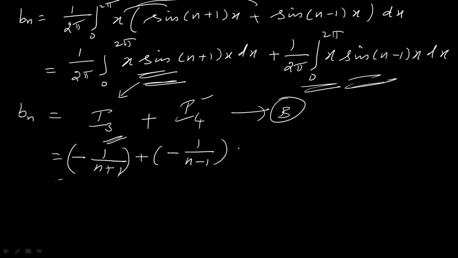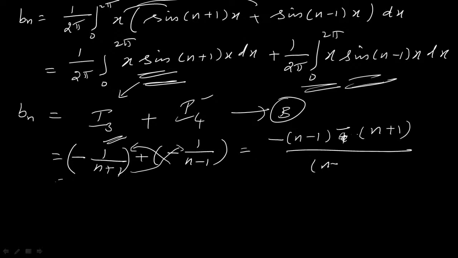Now simplifying this, what we are going to do here is interchangingly we multiply. So multiply this numerator by n minus 1 and multiply this numerator by n plus 1. That is minus of n minus 1 plus, so plus into minus here itself you take plus into minus as minus. Okay, minus of n plus 1. So in the denominator you have n plus 1, n minus 1.